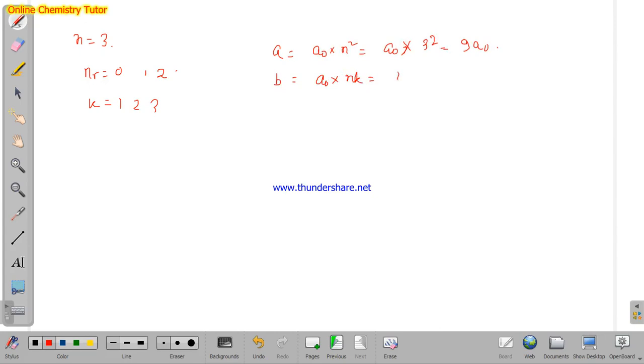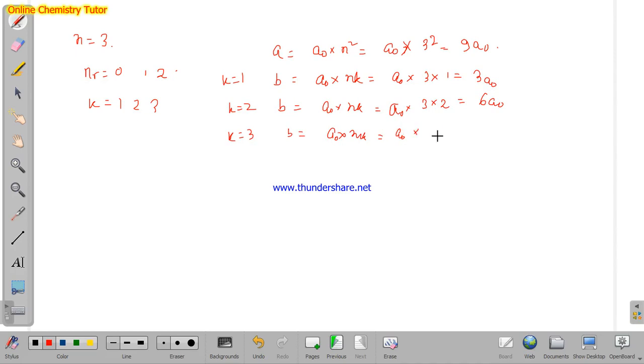For k equal to 1, 3 into 1, that is equal to 3a0. For k equal to 2, a0 into 3 into 2, that is 6a0. And for k equal to 3, b equals a0 into nk, that is a0 into 3 into 3, that is equal to 9a0.